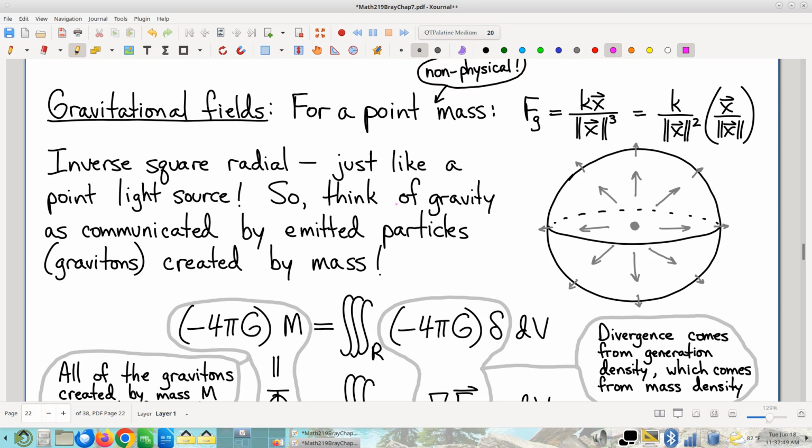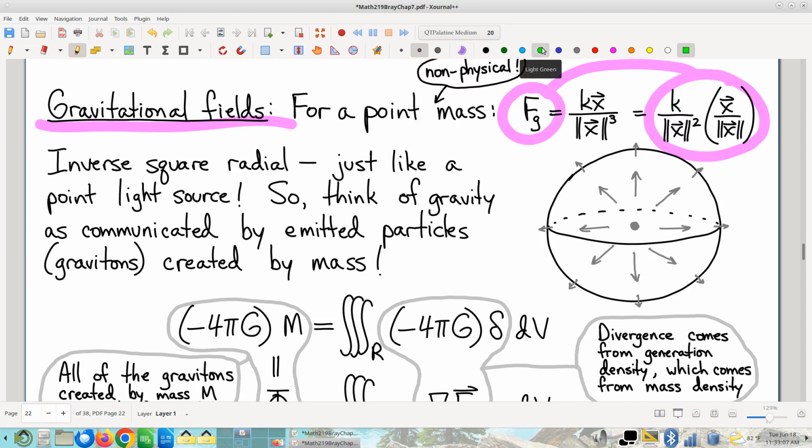Okay. Well, you can write down the formula for gravitational field. There it is. You may recognize this from Chapter 3. I wrote down this exact vector field. I pointed out that you can rewrite it like so. And this is what we call an inverse square radial vector field.